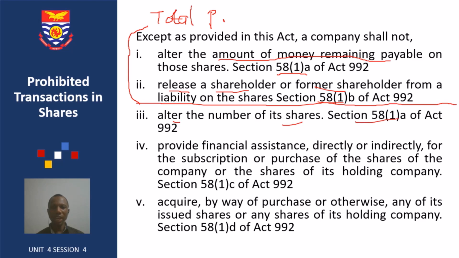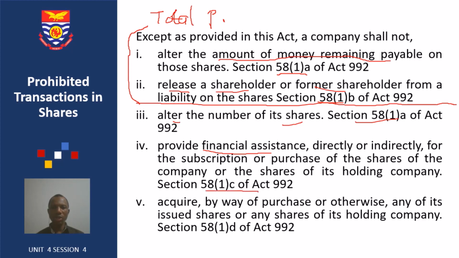Also, a company shall not provide financial assistance, key underlying word, directly or indirectly for the subscription or purchase of the shares of a company or the shares of its holding company. This is provided in section 58 1C.